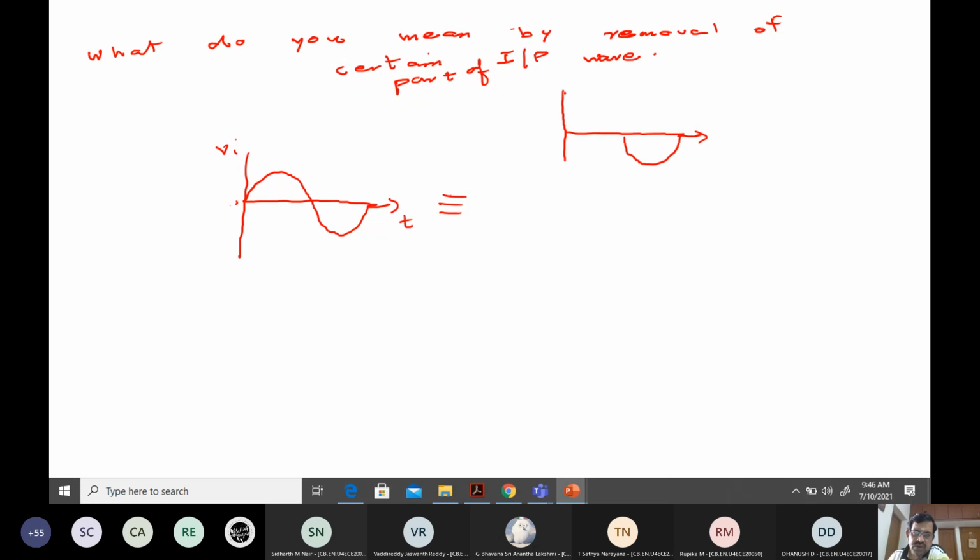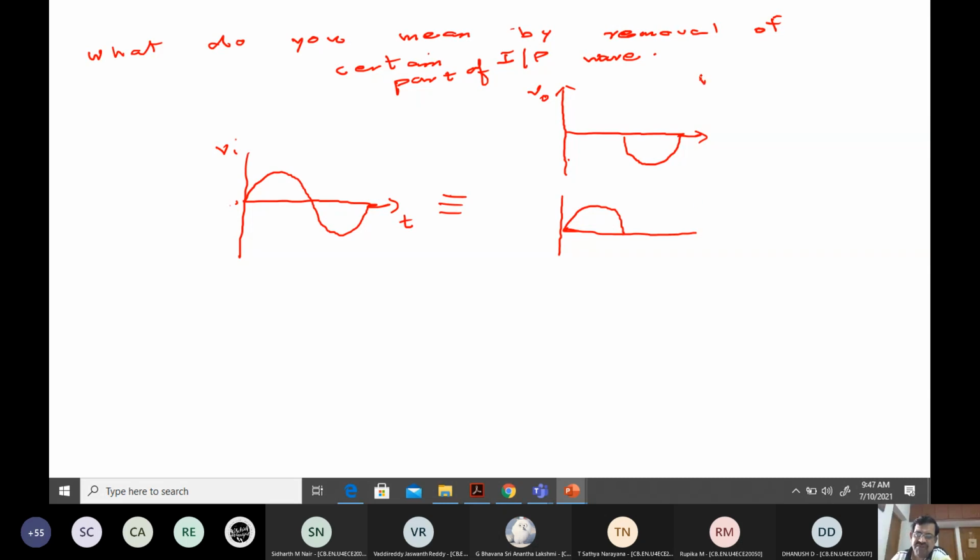So in the output signal, I should be able to get only this. Alternatively, I can also want to remove only the negative part, and only get it like this. I am drawing only one cycle.